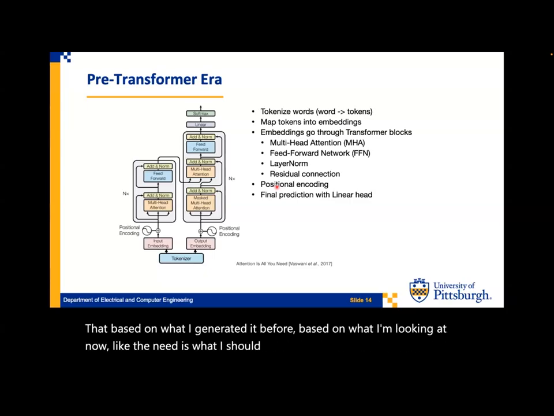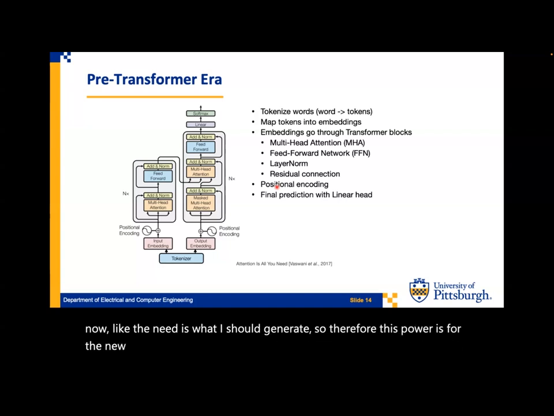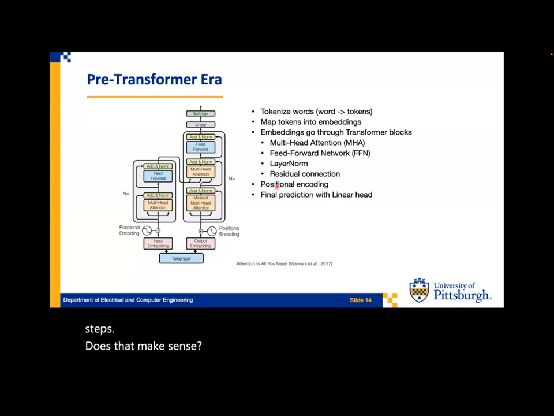Therefore, this part is for the new input, and this part is for the old output from the previous steps. Does that make sense? Kind of. It's okay, it's going to be very clear later.